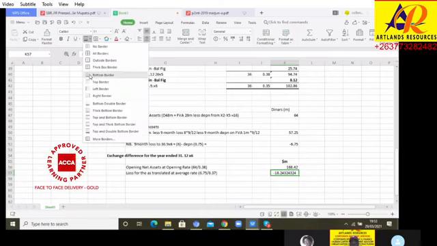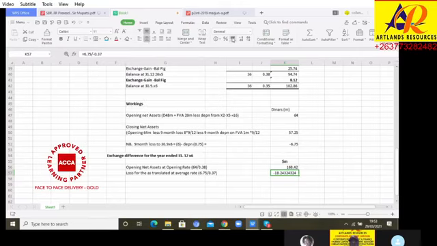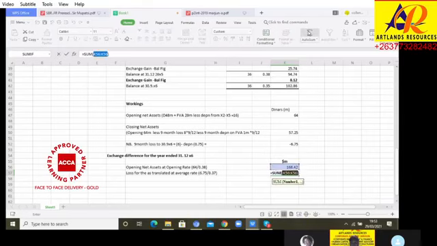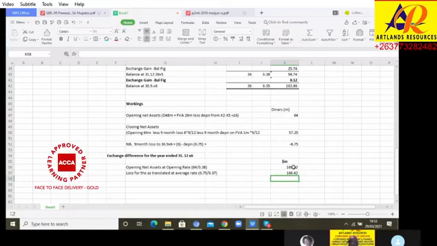After you have taken out the loss, your exchange difference was... I wanted to put a line here like this and then add.